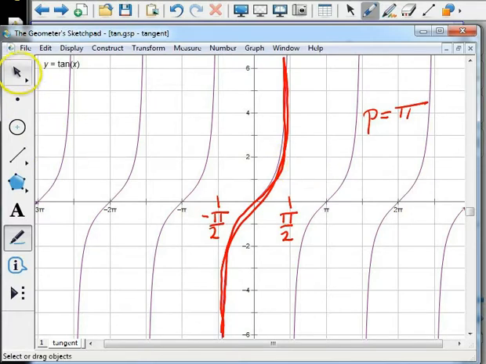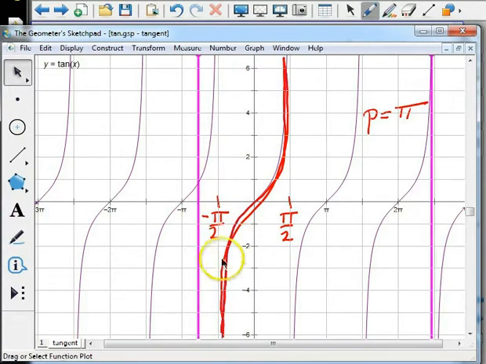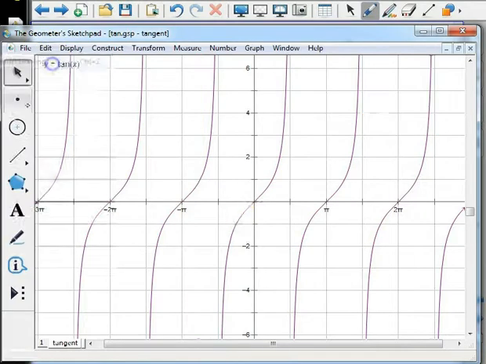All right, now let's take this graph and see if we can figure out what the graph of cotangent would be. Now, cotangent is the reciprocal of tangent. So that means that wherever tangent is increasing, cotangent will decrease.